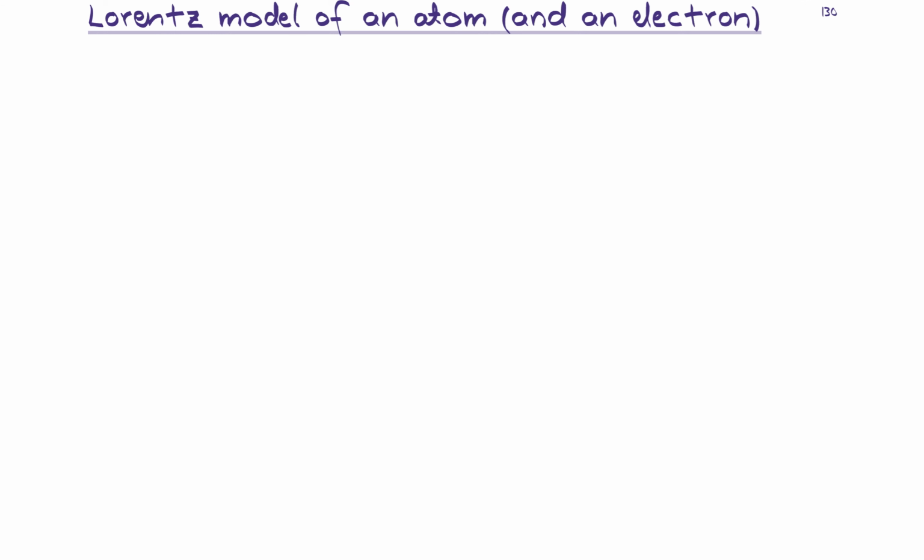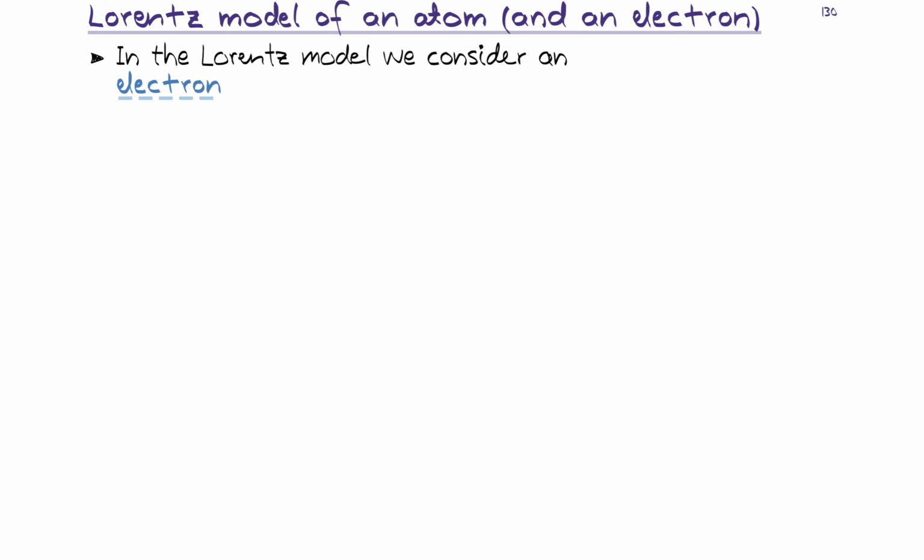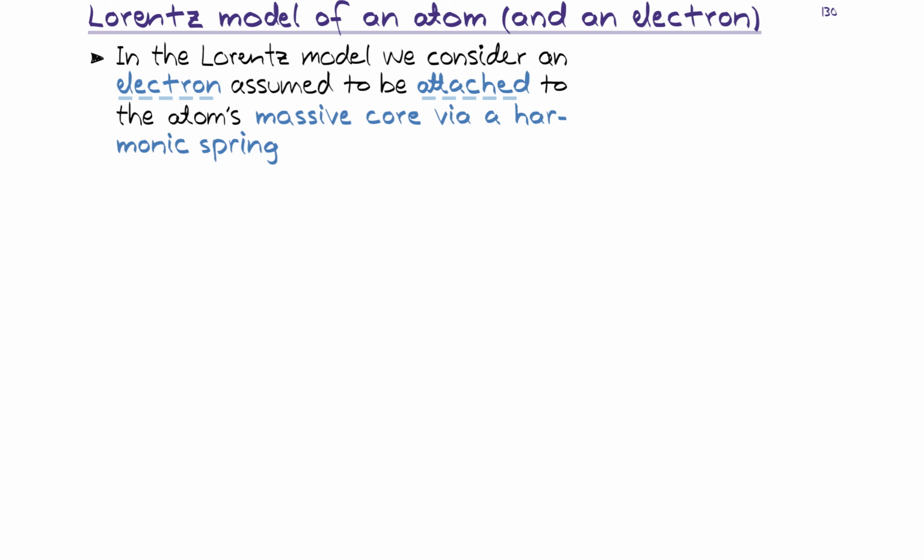Okay, now we get started with the introduction of the actual model. What we do in this Lorentz model is that we consider an electron, and we assume that it is attached to the atom, and the atom, of course, is associated with a massive core, so that the mass of our atom's core is very much larger than the mass of an electron. And we assume that this electron is attached to the core via a harmonic spring.